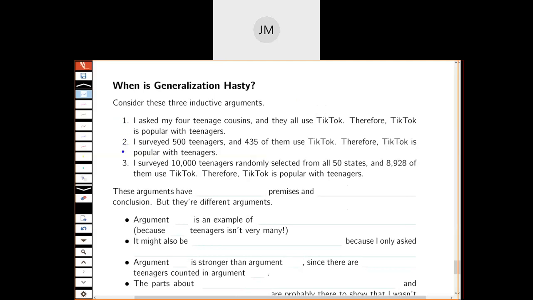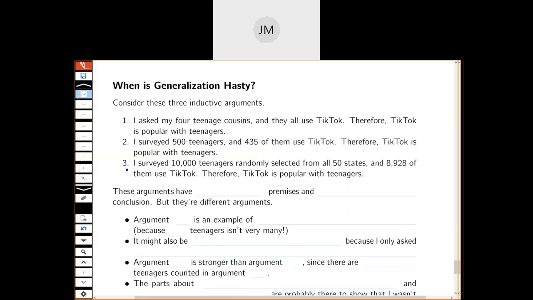Argument number 2, I surveyed 500 teenagers, and 435 of them use TikTok. Therefore, TikTok is popular with teenagers. Same conclusion, but we asked more people. However, in this one, not everyone uses TikTok. It was all 4 of our cousins, but not everyone out of the 500 we surveyed. But 500 is a much bigger number.